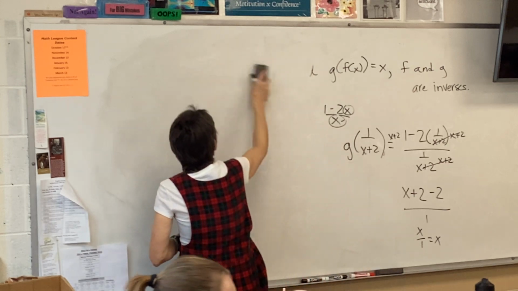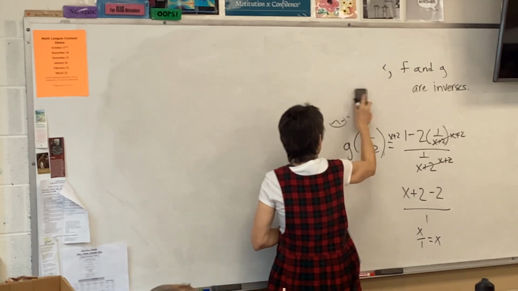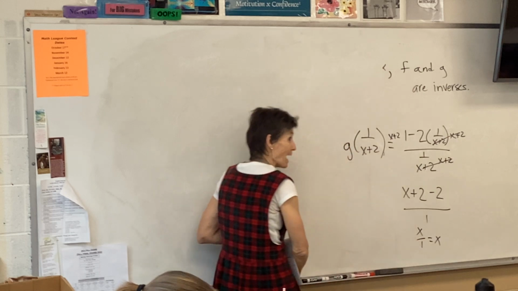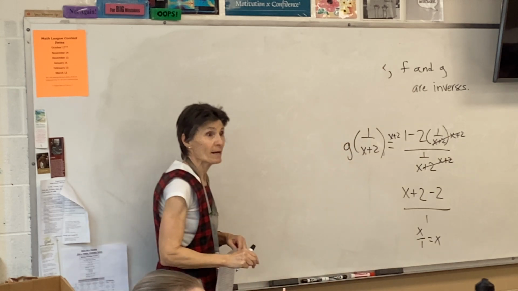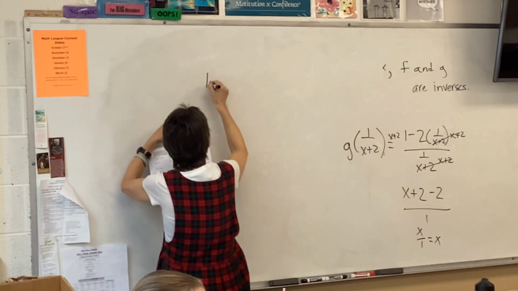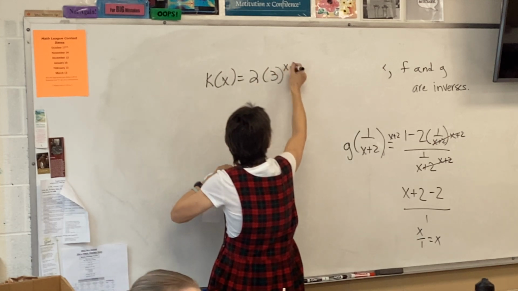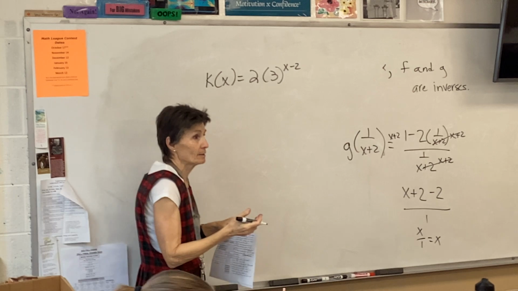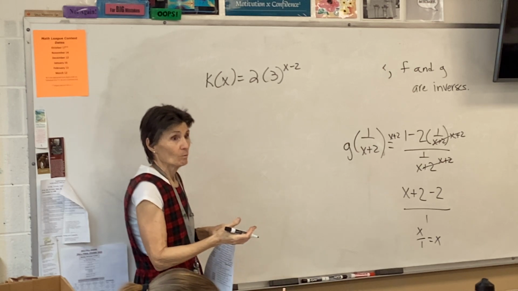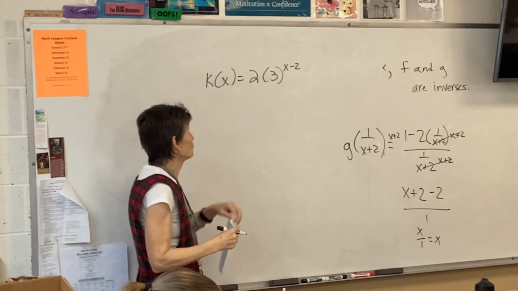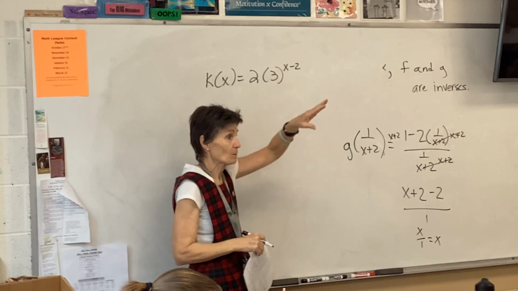Not just a change in the x, but adding or subtracting to the x, right? So when you look at this equation, it is very obvious we had a translation, right? What's happened? It's been moved 2 units to the right.